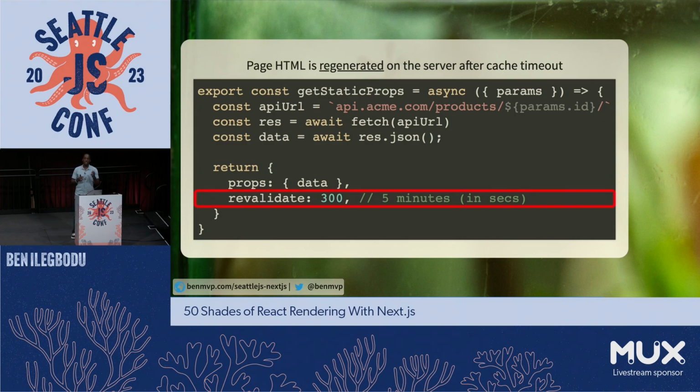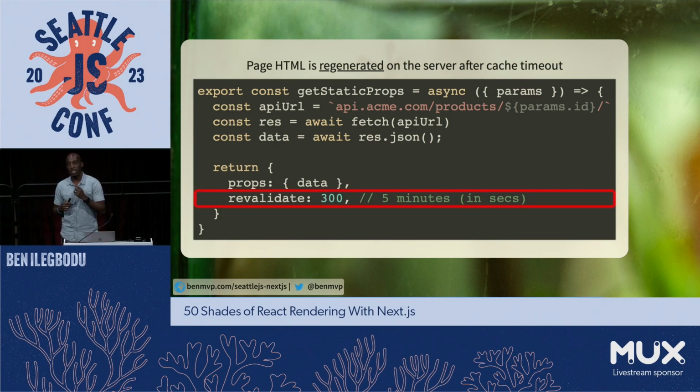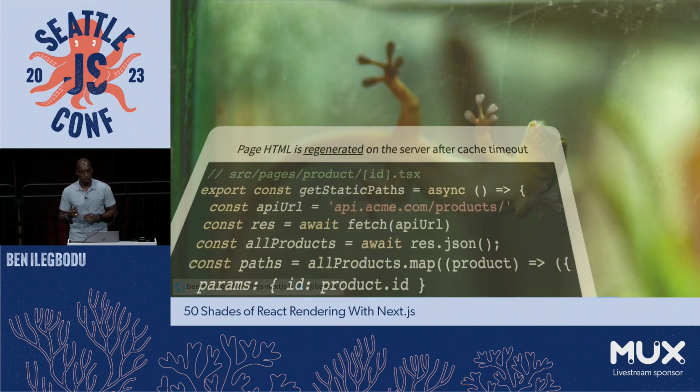And when that cache time is up, then Next will regenerate the HTML page. That's where the fancy term comes from. So the page still is static, like everybody who requests the page will get the same page, but it's not permanently static. It actually can be changed without triggering a rebuild.